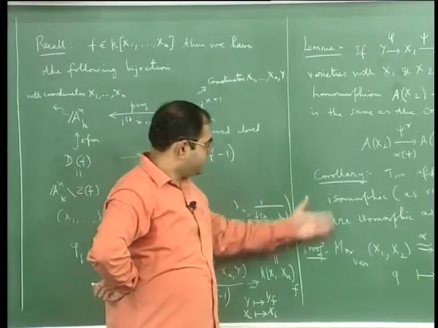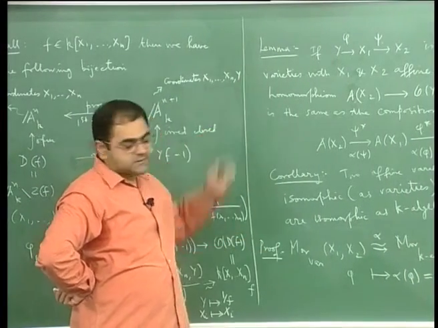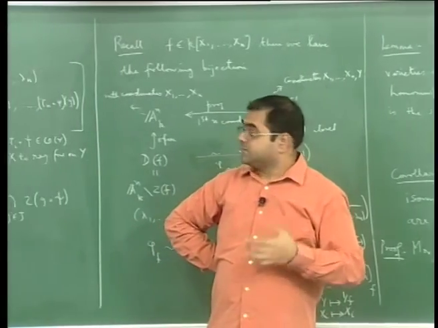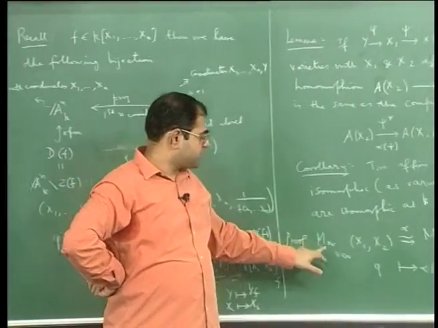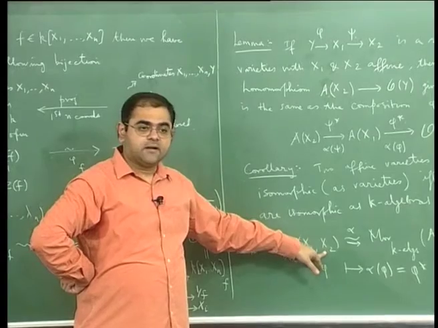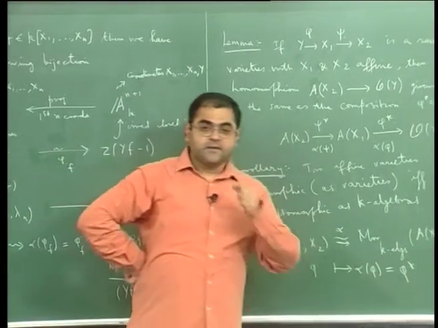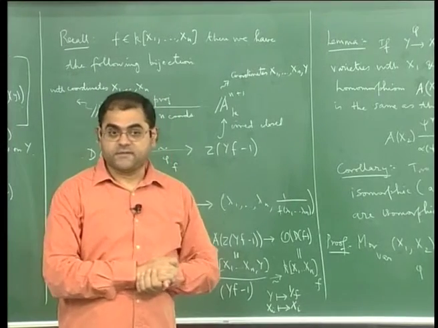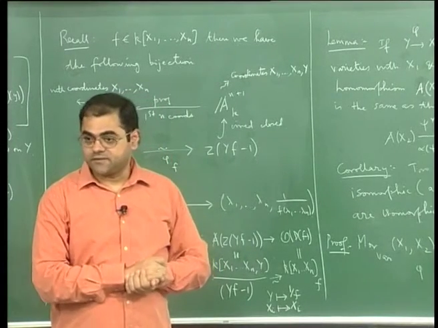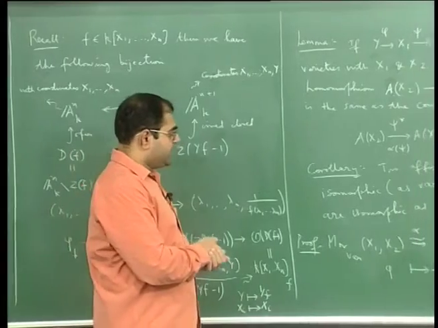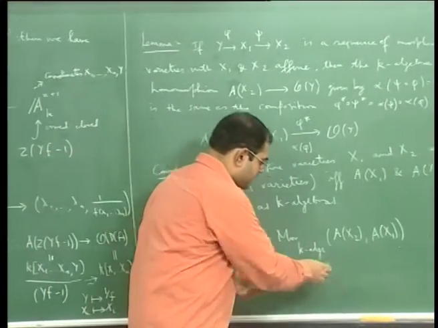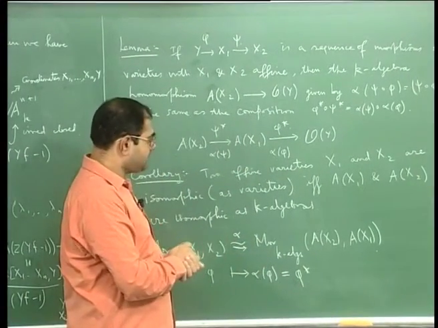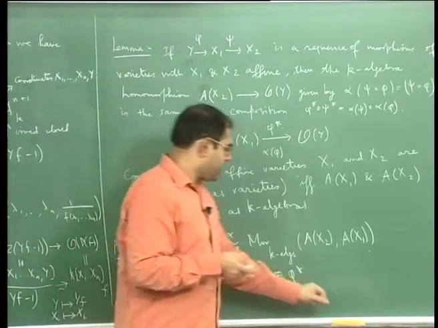Okay, so you get this corollary as a result of this lemma and the earlier theorem that morphisms into an affine variety are in bijective correspondence with K algebra homomorphisms from the polynomial functions restricted on the affine variety. So this completes the statement that we have an equivalence of categories.